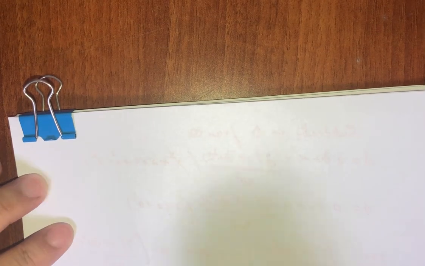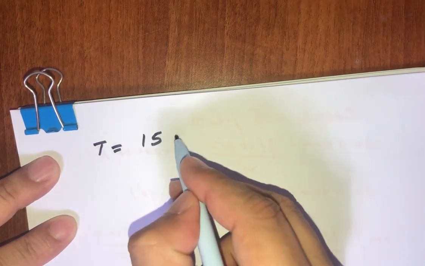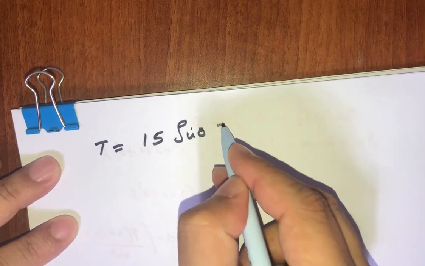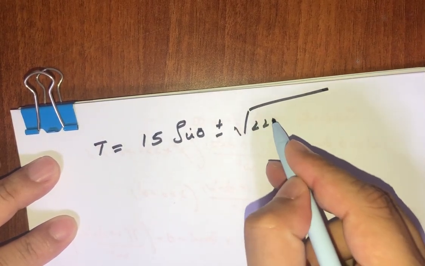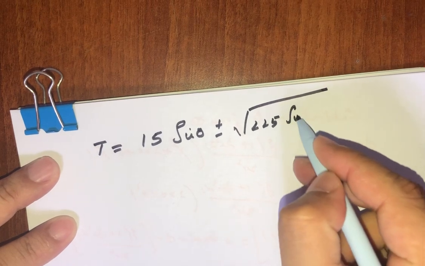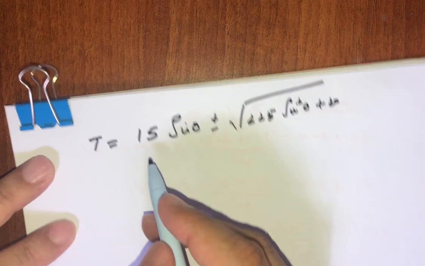This can be further solved as t is equal to 15 sin theta plus or minus square root of 225 sin squared theta plus 20.